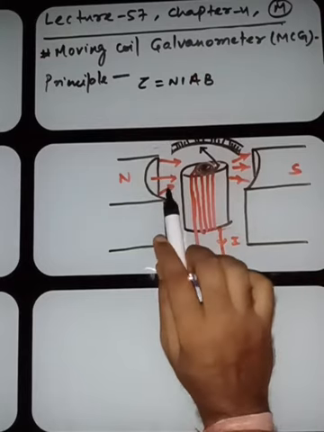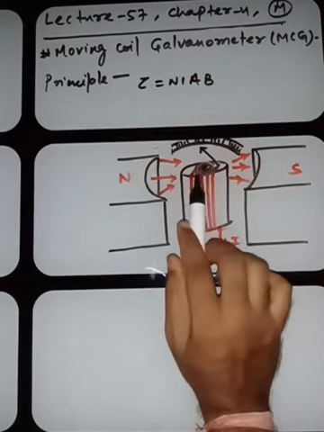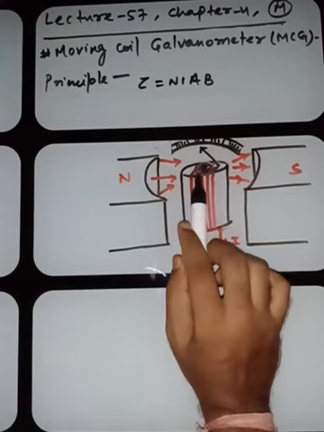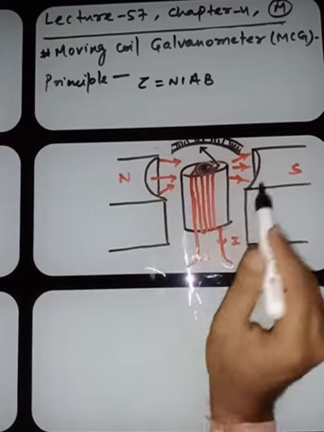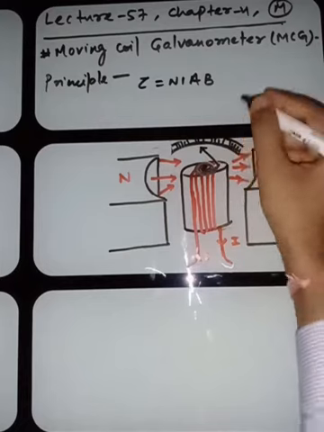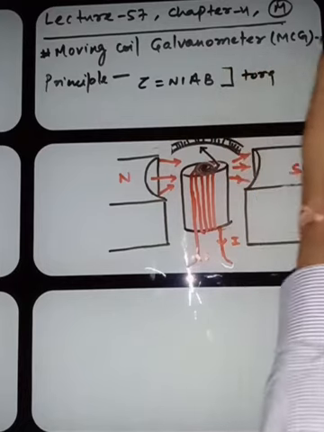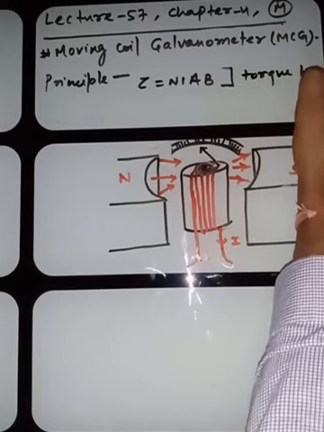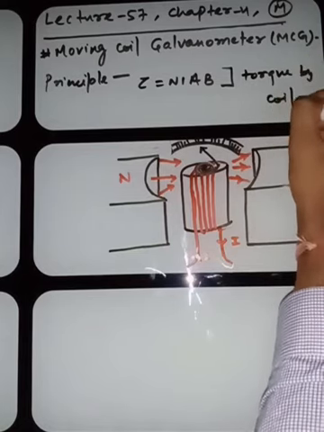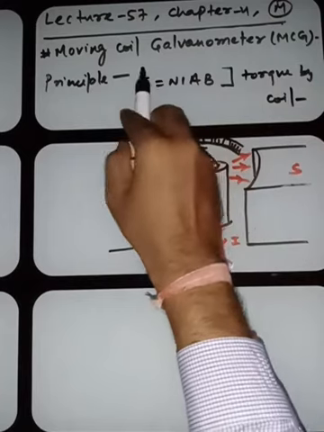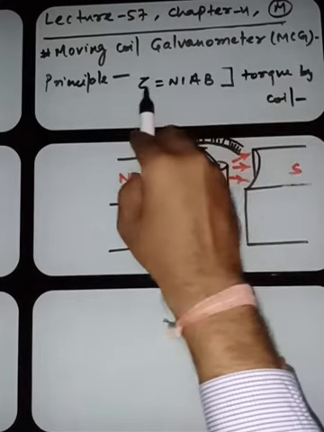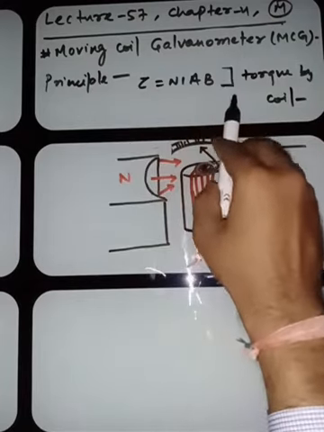Since the field is radial, everywhere the magnetic field will be perpendicular to this coil, that is 90 degrees, so sin theta will be 1. This is the torque experienced by the coil. You can also write, before writing this equation, torque experienced by coil, and then write this equation.